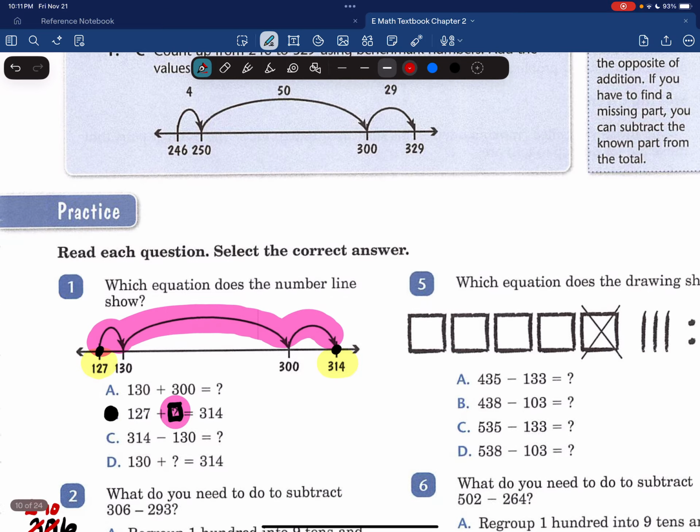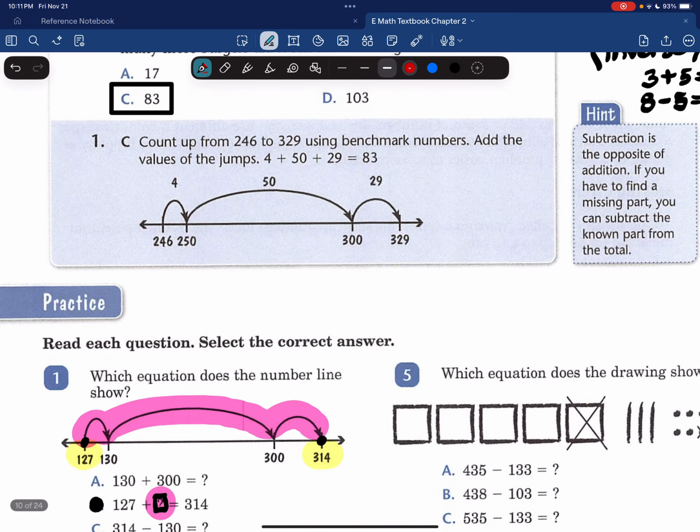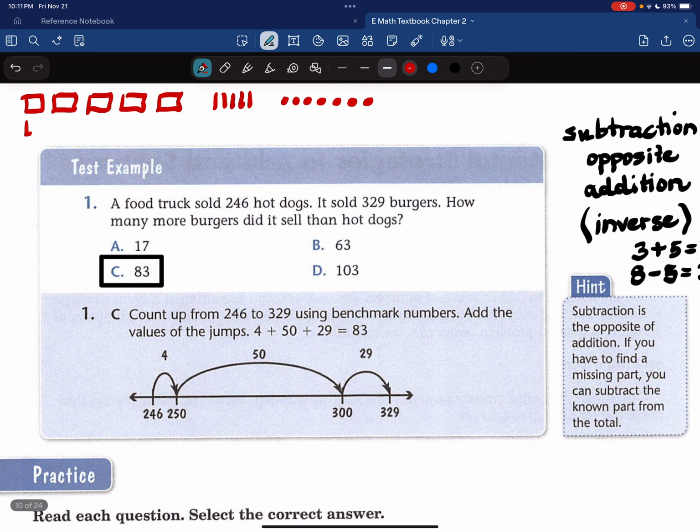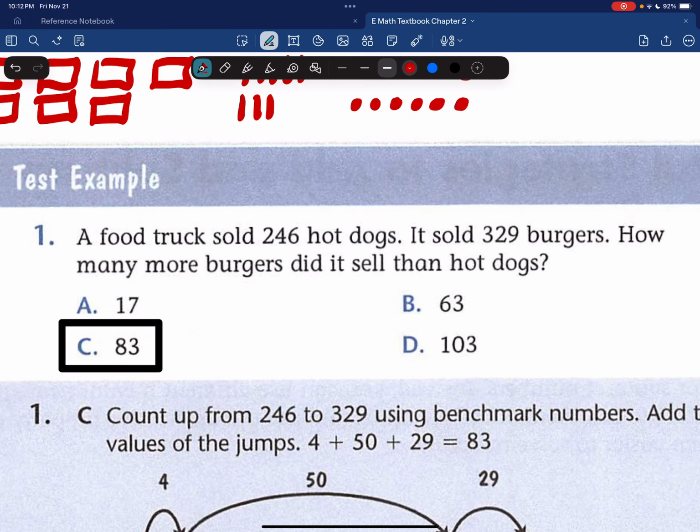And then what was my other number? 436. So 4 flats, 3 rods, and 6 ones or cubes. So let's draw our line.